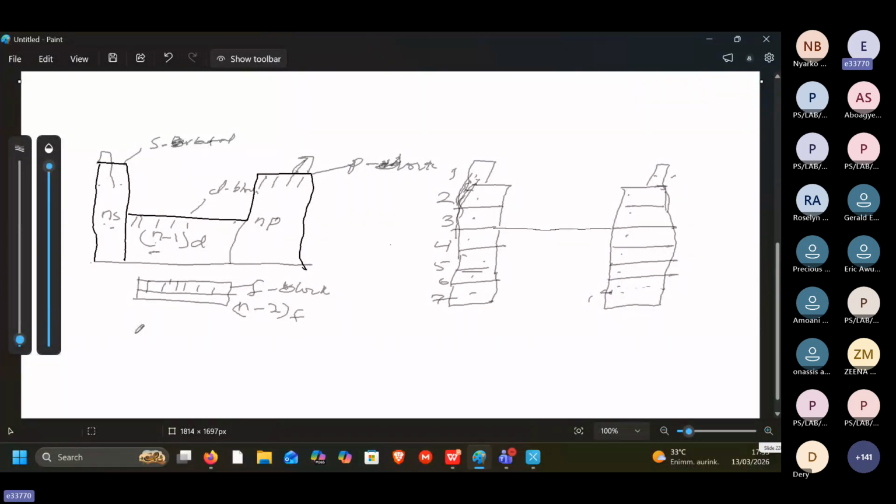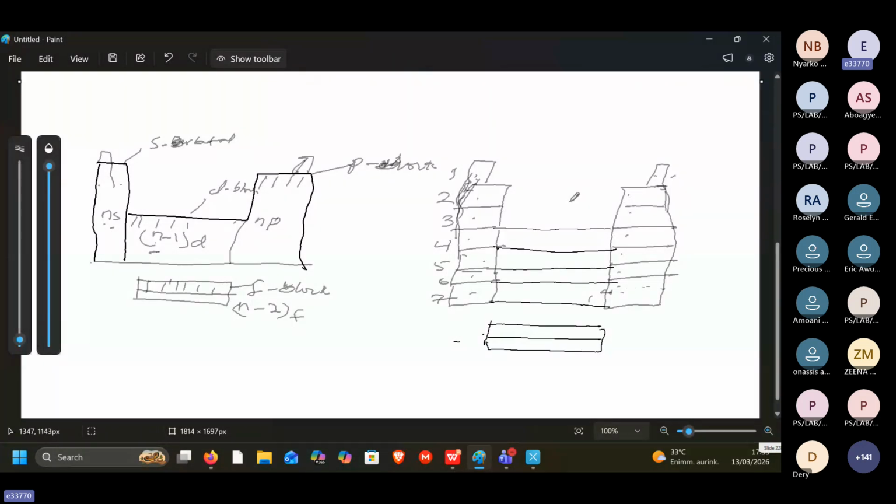So that's the d orbital. Then the f orbital, that is the lanthanide, is going to be having just 2 separations. So that's 2 separations, which is the lanthanide, then the actinide.